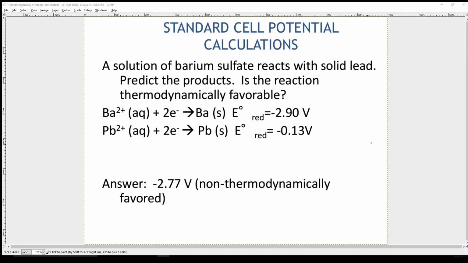Okay, last one. A solution of barium sulfate reacts with solid lead. Predict the products. Is the reaction thermodynamically favorable? So, looking at this, which one of these is most likely to be reduced?